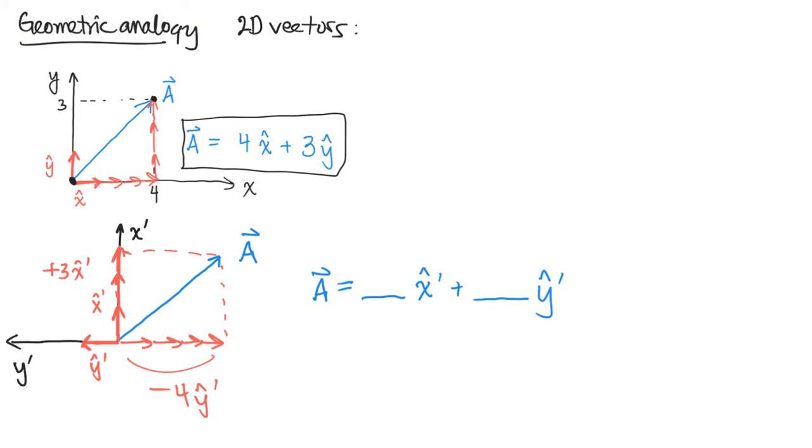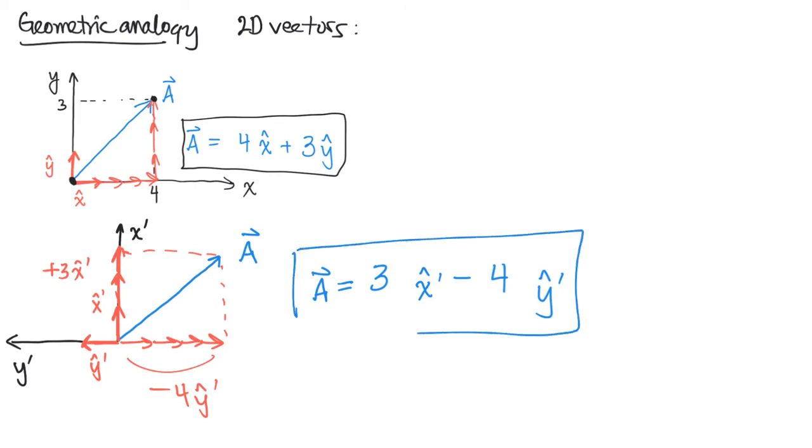So right now we know these coefficients are plus 3 and minus 4. So we have to change that plus to a minus sign, because we actually have to go minus 4. And we can erase these underlines here.